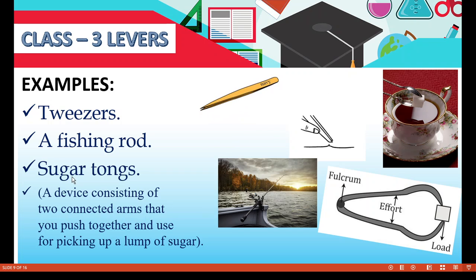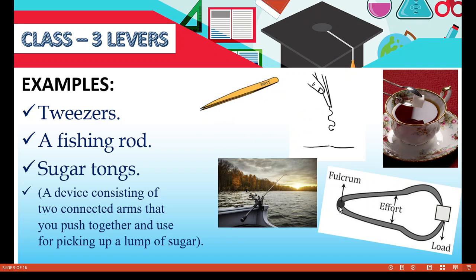So what do you mean by sugar tongs? A device consisting of two connected arms that you push together and use for picking up lumps of sugar. So a lump of sugar, they will add into the tea. In order to pick up a lump of sugar, tongs are used. Here you look at this.